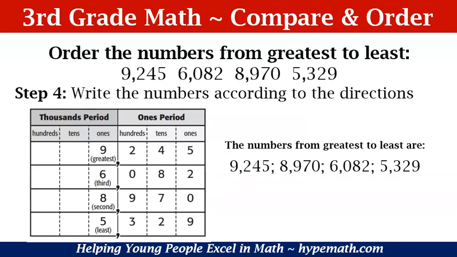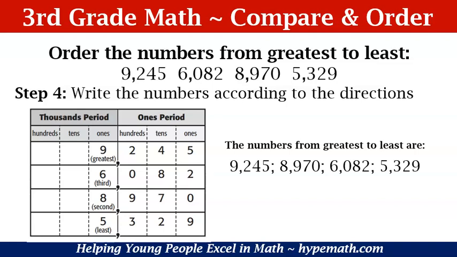So in looking at our numbers, 9 is the largest or the greatest number. Then after that, 8 is the second largest number. 6 is the third largest number, and 5 is the smallest number.